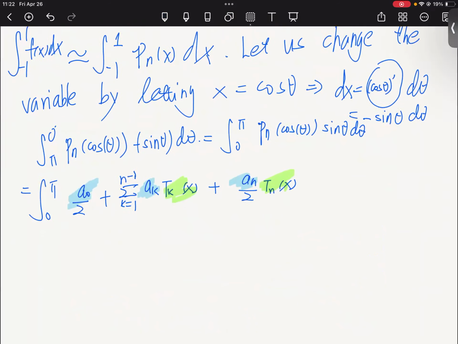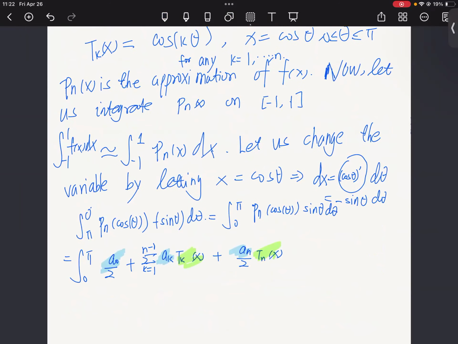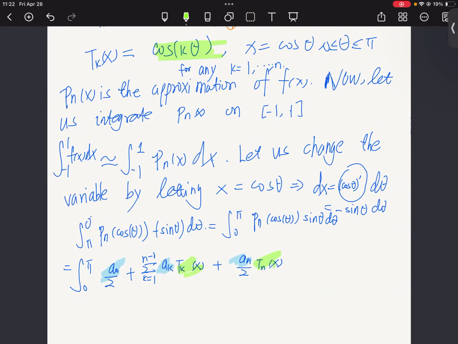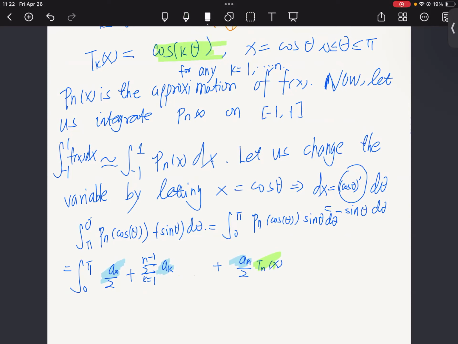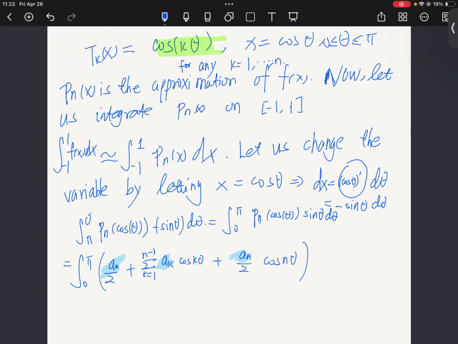The Tk(x) equals cosine k theta, from the definitions above here at the top. So I'm going to replace these things with cosine k theta. And Tn(x) is just cosine n theta. Good. So what do I have? The rest, I have the sine theta here from the change of variable, and then this is the d theta.